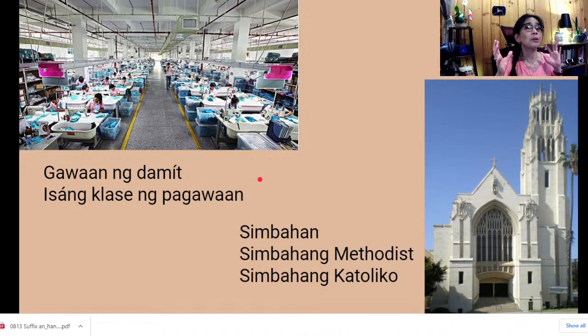I want to train you to construct your own phrases or statements. Isang klase ng pagawaan, a kind of factory. Because of course there is gawaan ng kotse, gawaan ng mga ilaw ni Bruce. Bruce is making lamps. Gawaan ng ilaw. That's Bruce's shop. Good. Bruce, bukas pumasok ka sa gawaan ng mga ilaw mo.